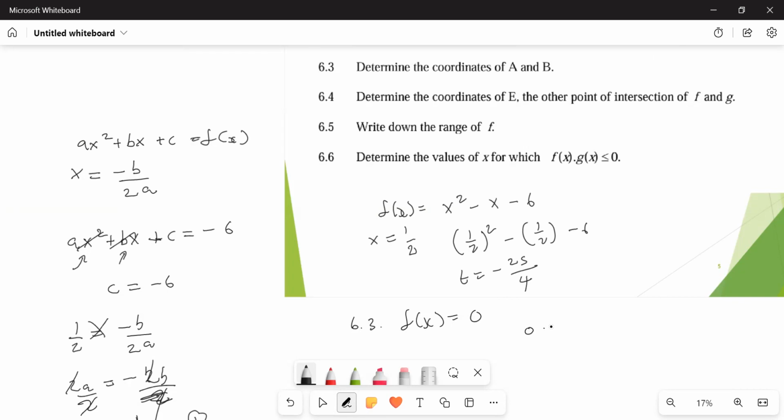Therefore, 0 is equal to x squared minus x minus 6. Then what are my factors?